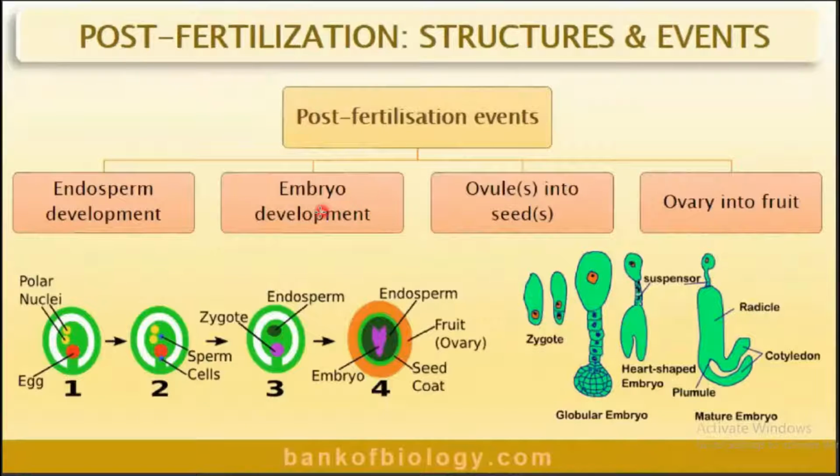Previously we have studied embryo is developed from the zygote, endosperm is developed from the primary endosperm nucleus. See here, PEN, primary endosperm nucleus, gives rise to endosperm.